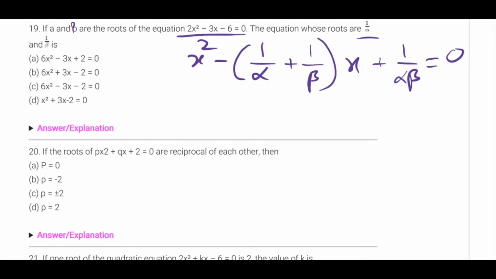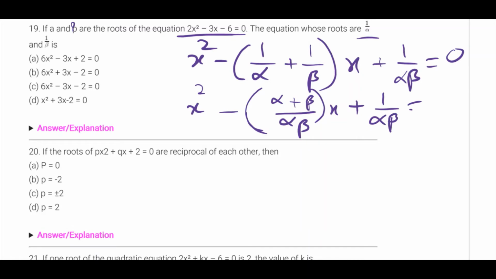From the given equation, alpha plus beta equals to 3 by 2. So here this is alpha plus beta by alpha into beta into x plus 1 by alpha beta equals to 0. So alpha plus beta equals to 3 by 2 and alpha beta equals to 6 by 2, which is 3.